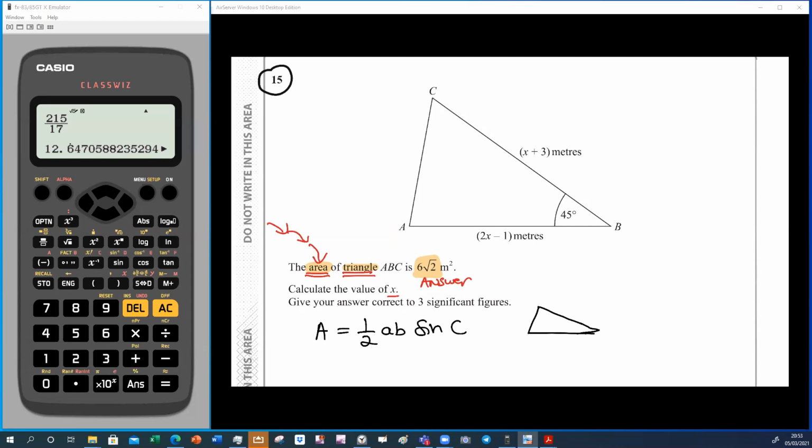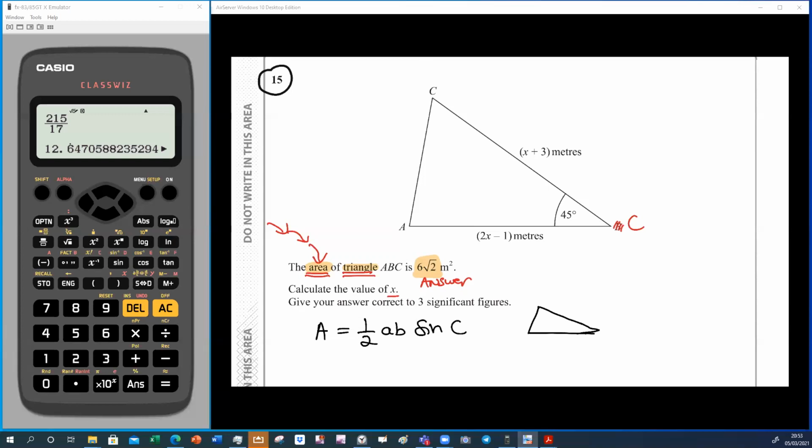I'm going to give you permission to relabel my diagram. When I say relabel, I mean relabel the names of the corners. According to your formula, which is the C? The angle. So according to your formula, the C must be where the angle is.